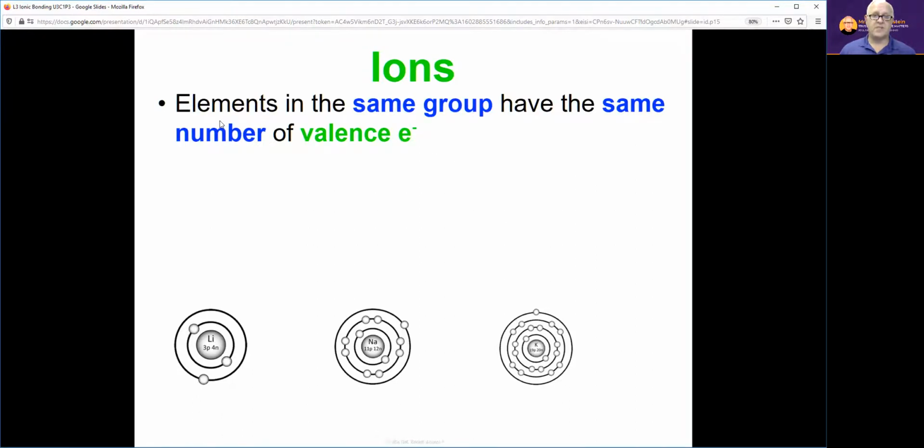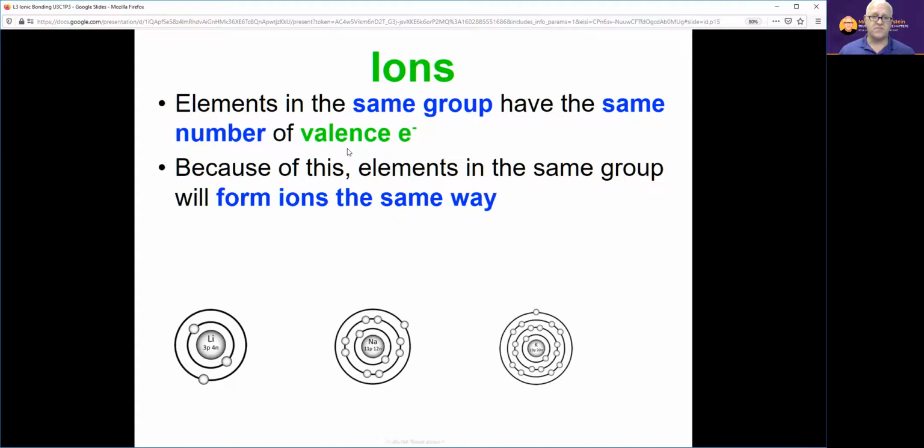So elements in the same group, and remember groups are the vertical columns on the periodic table, have the same number of valence electrons. Because of this, elements in the same group will form ions in the same way.